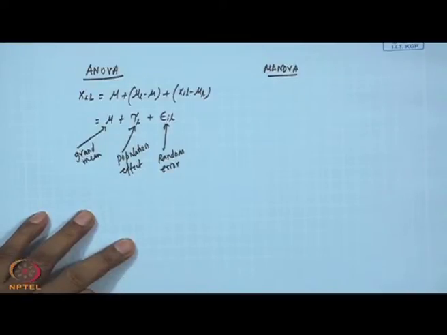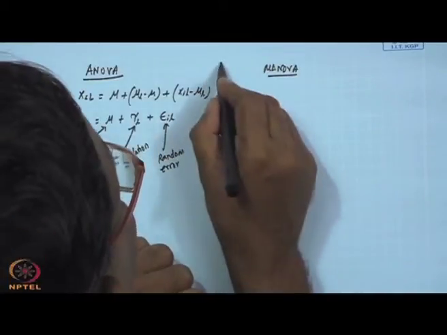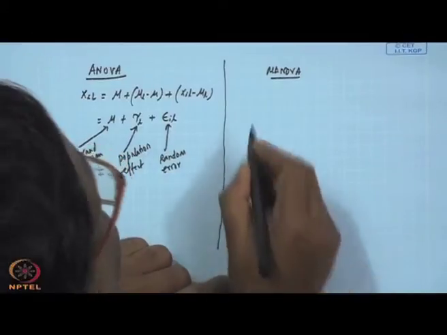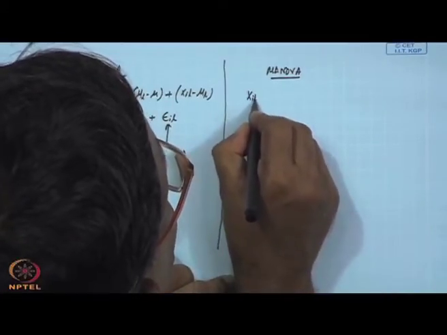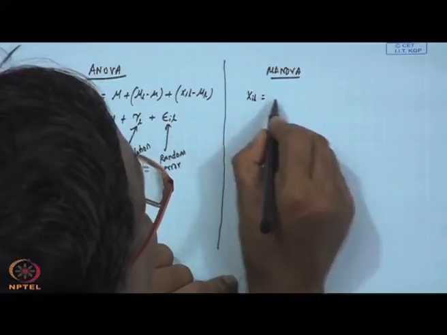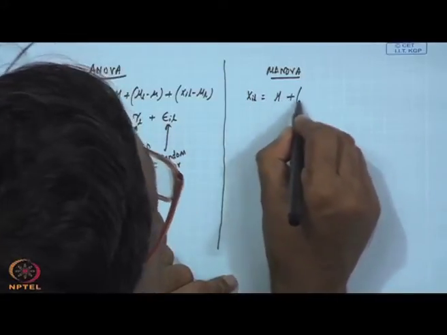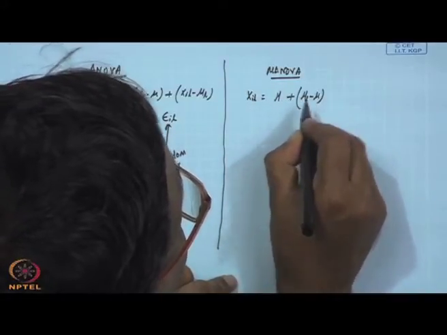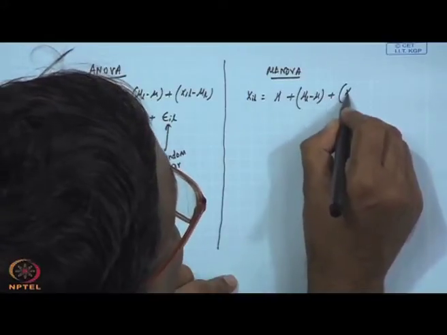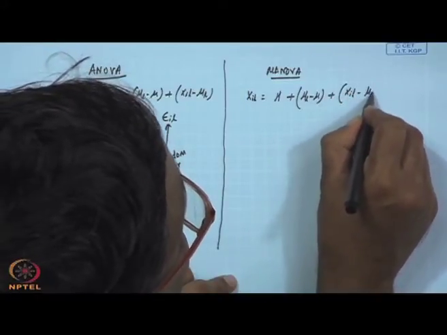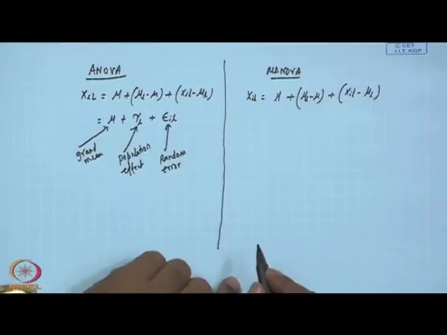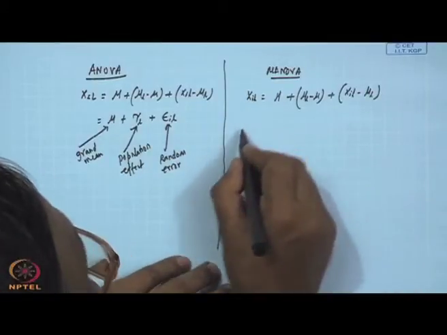So, the same partitioning is possible in MANOVA. What will we write? XIL equals mu plus (mu L minus mu) plus (XIL minus mu L). It is similar.